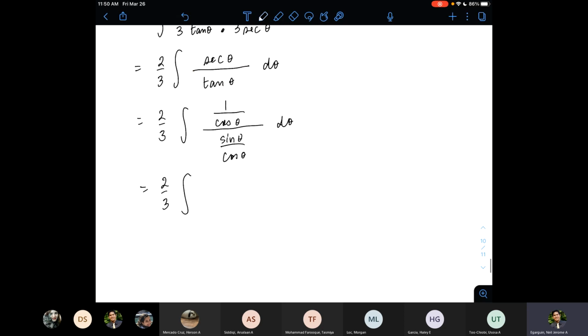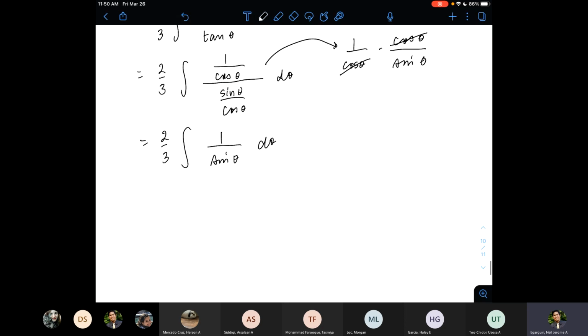And luckily it does. So you'll have 1 over sine theta d theta, right? Because this can be written as 1 over cosine times cosine over sine. Cosines will cancel. And then 1 over sine is nothing more than a cosecant theta d theta.